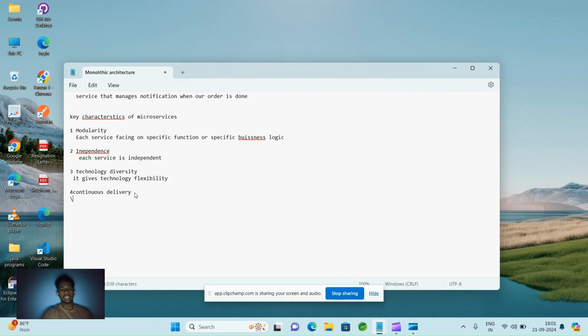We can use agile methodology to continuously develop and integrate. It gives CI/CD, continuous integration and continuous development.